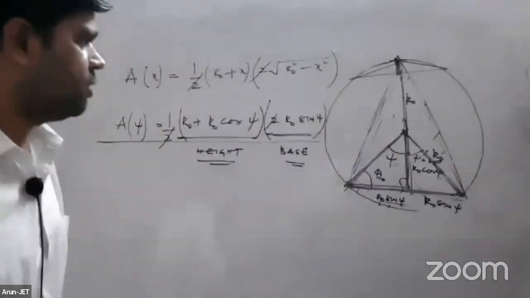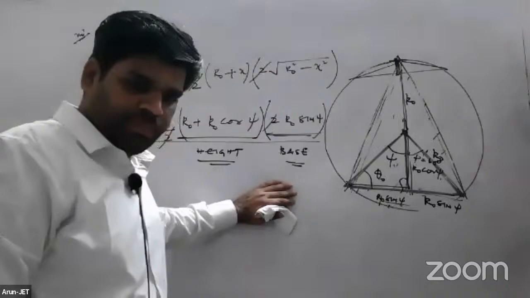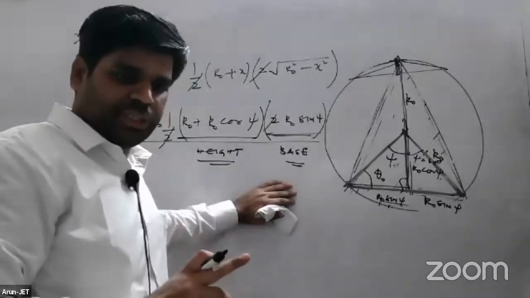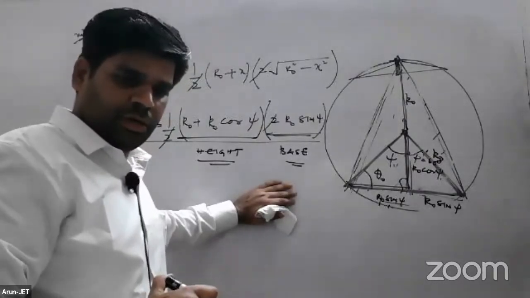No, without differentiation this problem is not possible. The previous problem, the square problem, is possible without differentiation by symmetry, but this problem is not. Sir, I simplified half into base into height. I wrote the formulas for h and base, and I simplified it.